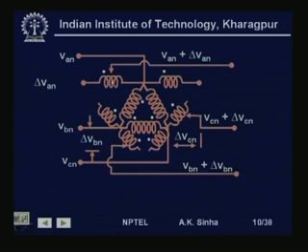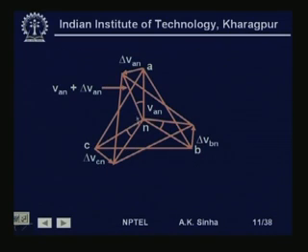So, in this present position, the 3 taps are placed like this, and we have voltage V A on which we have this much voltage added, that is, delta V A N is added here. Similarly, we have voltage V B plus delta V B N added here, and voltage V C plus delta V C N added here. In the phasor diagram, V A is the voltage plus delta V A N, V B is the voltage plus delta V B N, and V C is the voltage plus delta V C N.